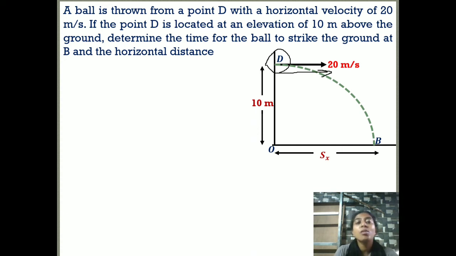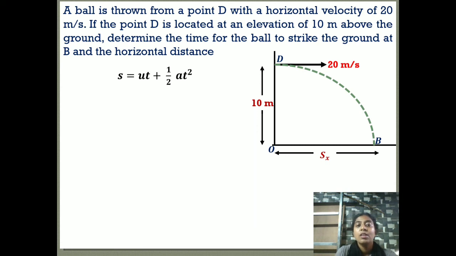So horizontal velocity is 20 meter per second. Our target point is B. The distance is Sx, so we are asked to find the distance Sx. And the vertical distance is given as 10 meter above the ground. So we will use the equation S is equal to ut plus half at square.